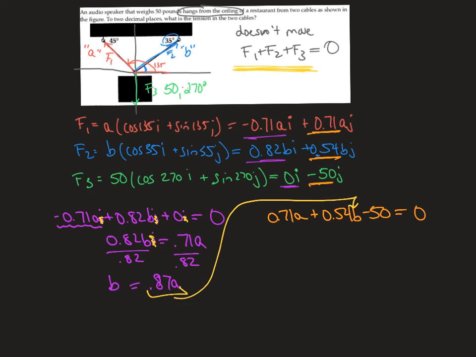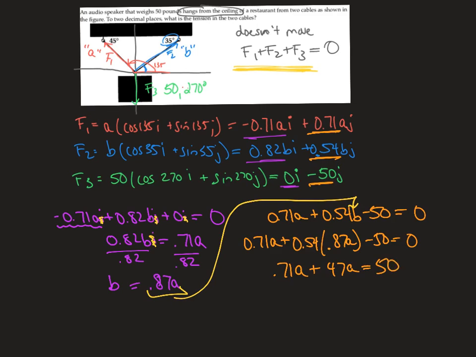So 0.71A plus 0.54 times, instead of the B, it's going to be 0.87A, minus 50 equals 0. So I would add 50 to both sides, so 0.71A plus this second term becomes 0.47A equals 50.